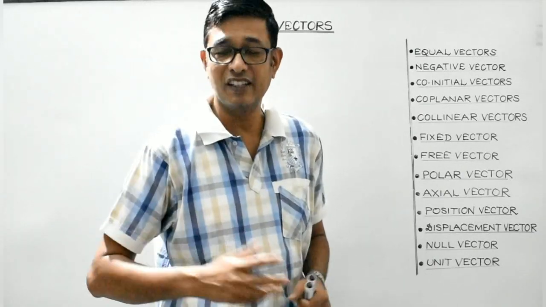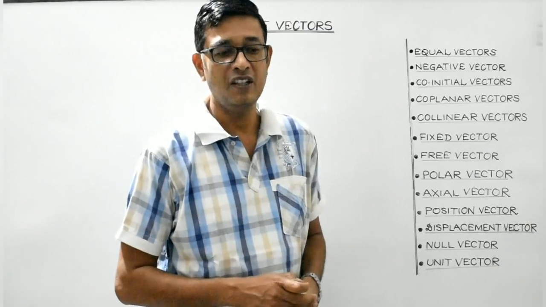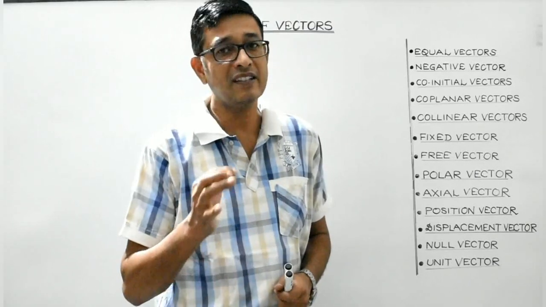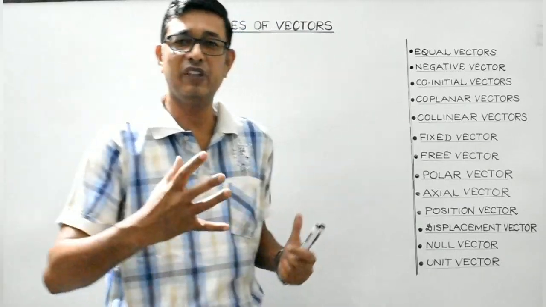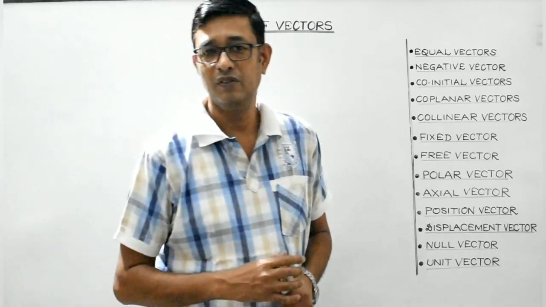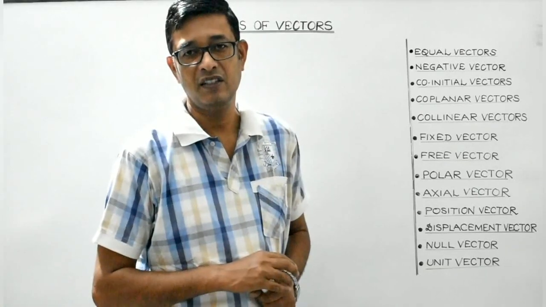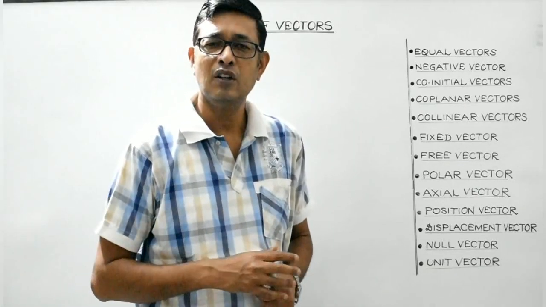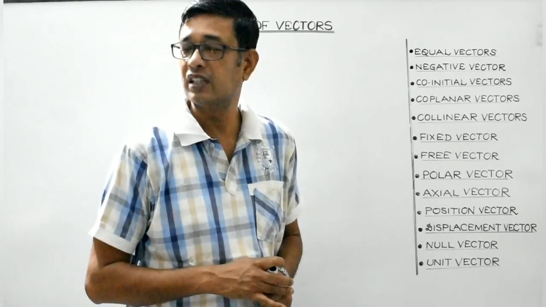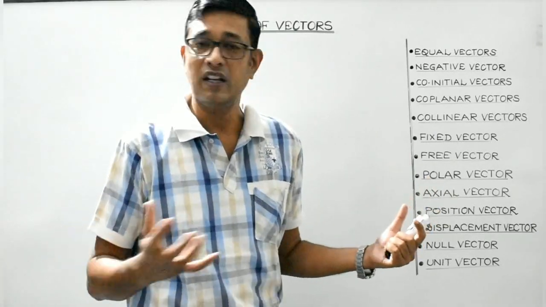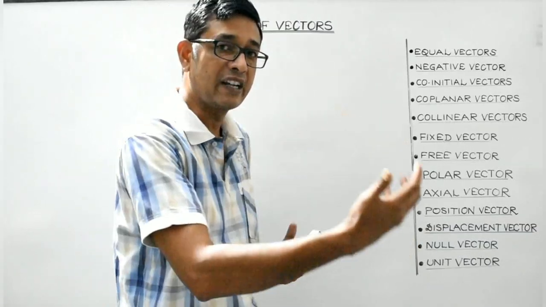With that, students, let's start with today's session. Today we'll be discussing vectors and types of vectors. It's a very basic session where we'll be discussing the types of vectors. As we are already aware, all the measuring physical quantities can be broadly classified into two types. One are scalar quantities, the other are vector quantities.